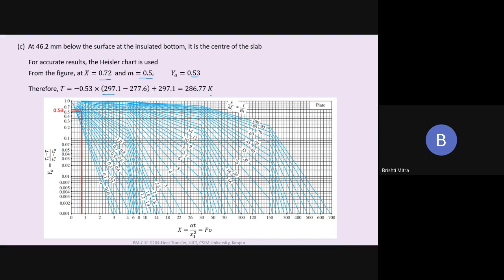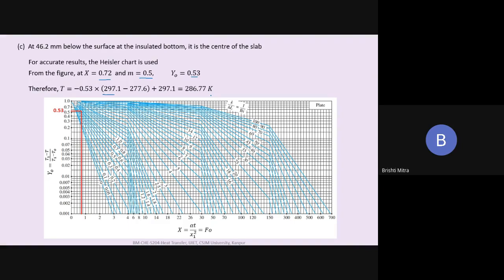For the first model, the lump parameter model, distance was not a factor because the temperature at any point in the solid was considered constant. This is possible only when we have a very high rate of heat transfer, high thermal conductivity inside the solid, or when the size of the solid is small. And we found out how the temperature changes with time.